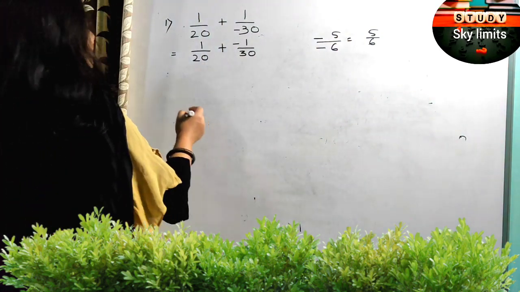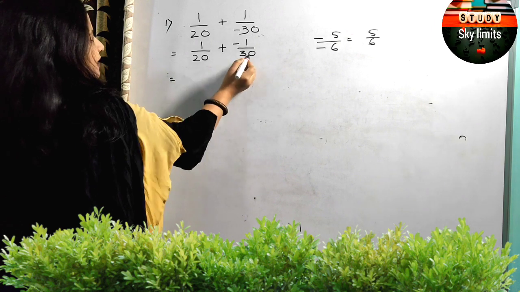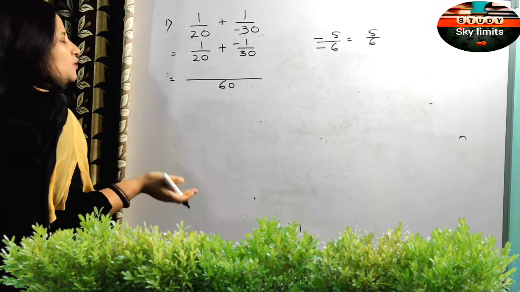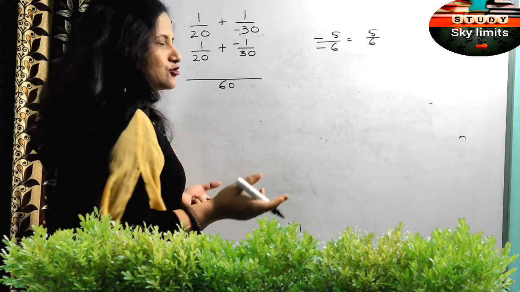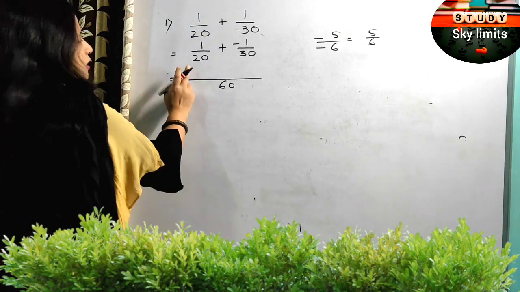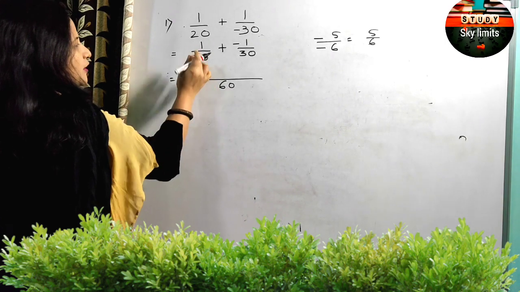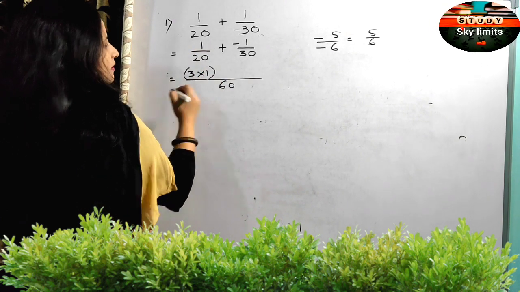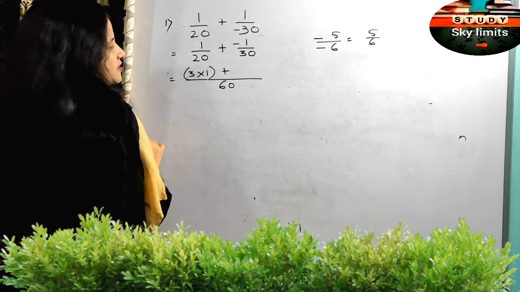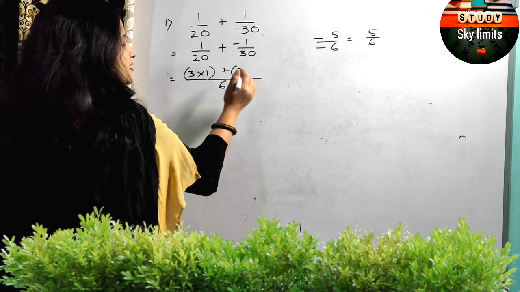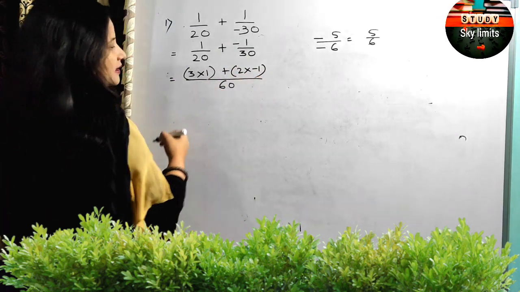So now the LCM of 20 and 30 will be 60. As you just add in fractions, the same way you are going to add it. 20 multiplied to what will give us 60? Obviously 3. And what is the numerator here? The numerator is 1. 30 multiplied to what will give us 60? 2. And what is the numerator? It's minus 1. Clear?